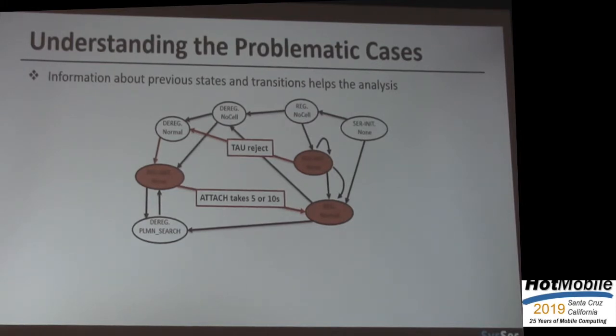In addition, the state machine provides useful information such as the previous state of the path and what messages the path has. So in this case, we can easily figure out that the attach procedure after the rejection in the tracking area update procedure is working incorrectly.